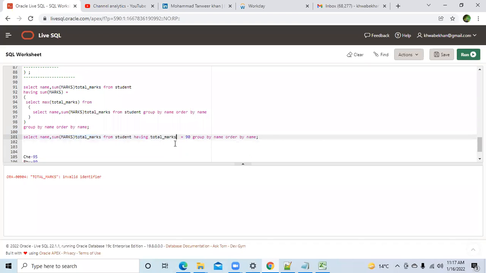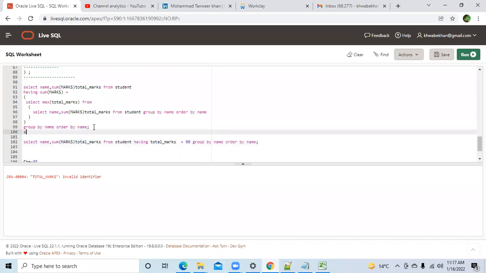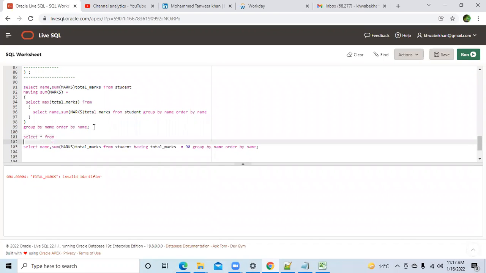I will tell you the reason for this error message. See, select star from... I'm writing something, don't bother about what I'm writing. Please remove this as of now, because Akshay has said he doesn't want to use this.